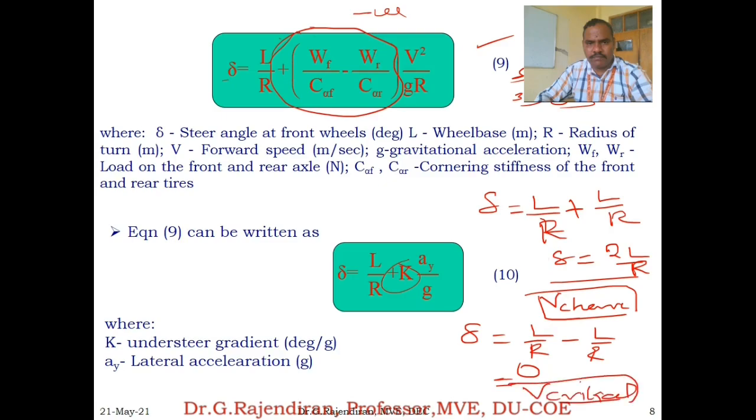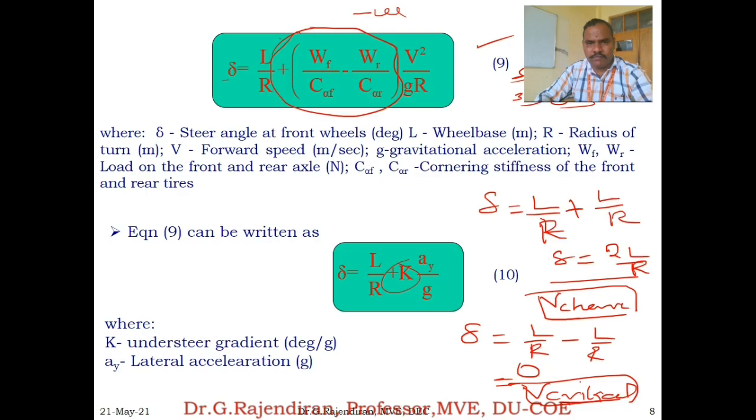So, so far we covered the bicycle model, the derivation of the steer angle required, and the handling behavior for neutral steered, understeered and oversteered vehicles. For each one we have to find the K value.